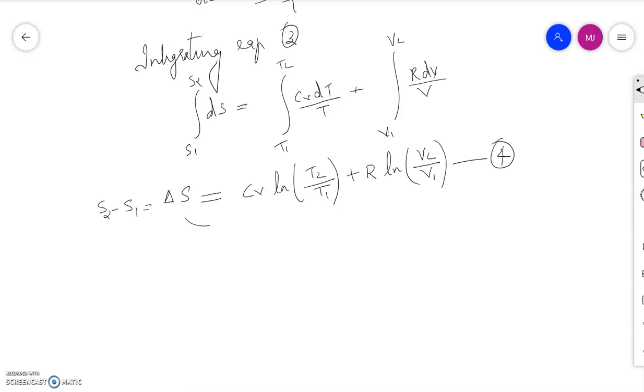This gives the variation of entropy with temperature and volume.